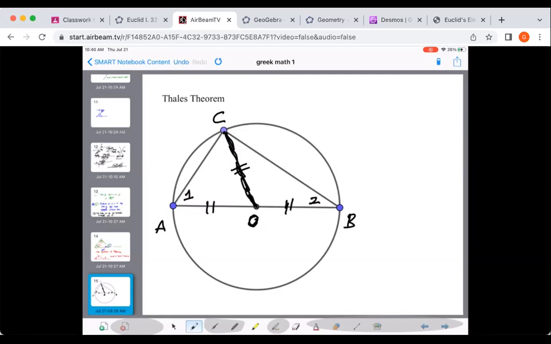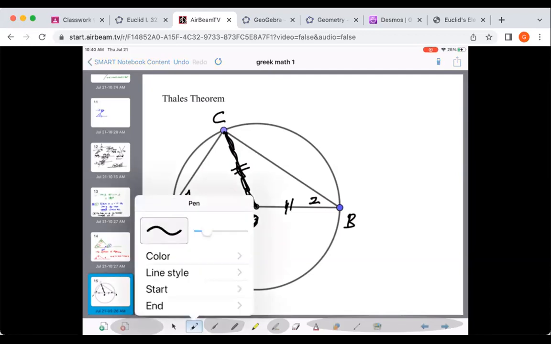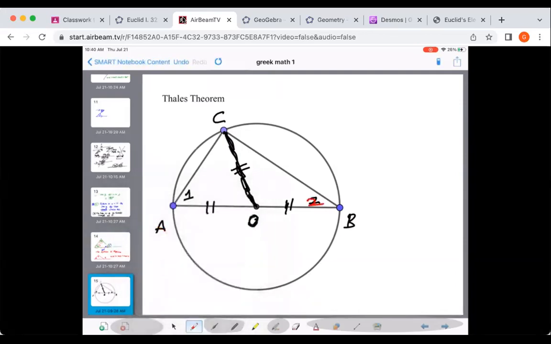Now check this out. I have split my right triangle into two isosceles triangles now. BOC is an isosceles triangle, which means that angle OBC and BCO are congruent.